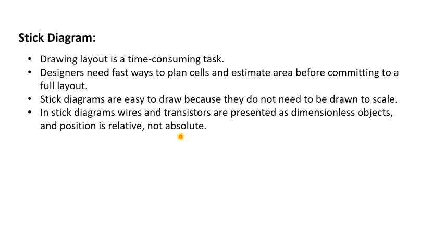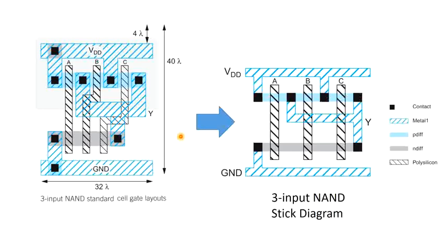For example, let us see a case as shown here. Same case, a layout of a 3 input NAND standard cell gate. If this layout is presented as a stick diagram, it looks something like this.